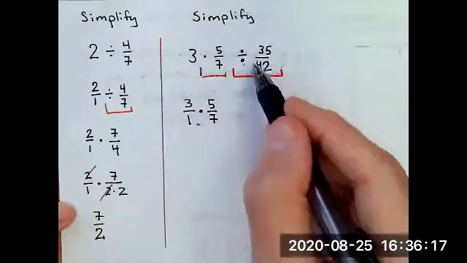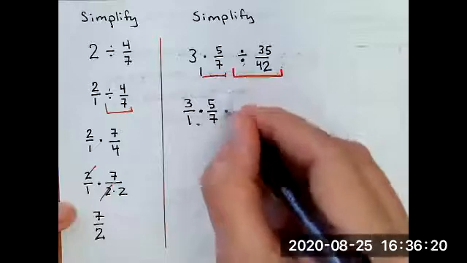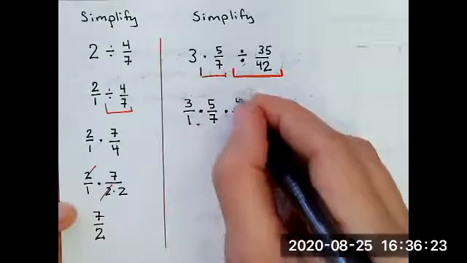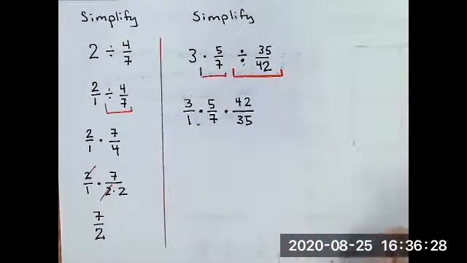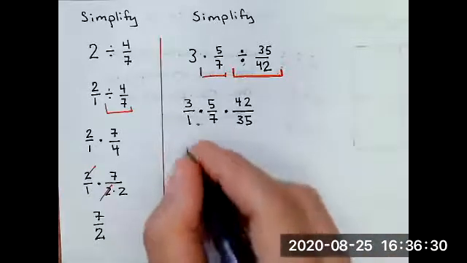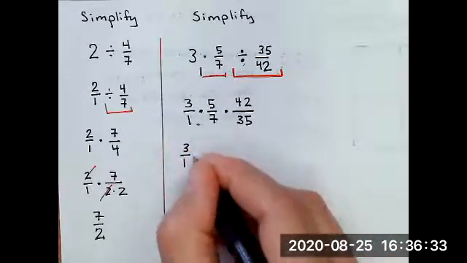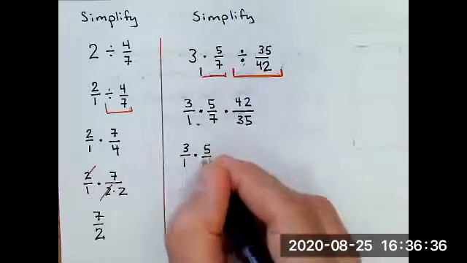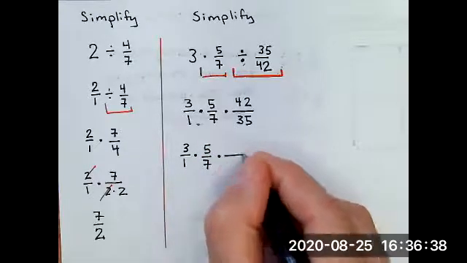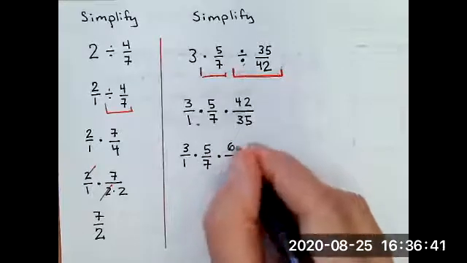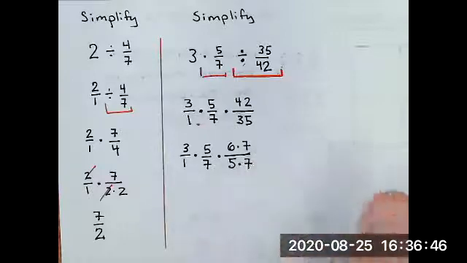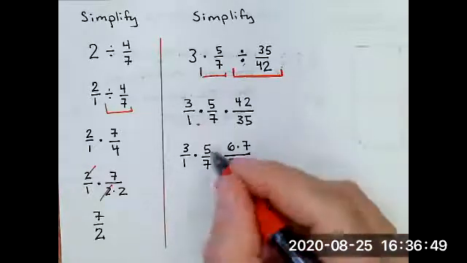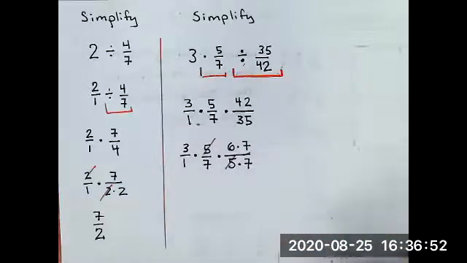And to change this into a multiplication statement, I take the reciprocal. Then you want to reduce before you multiply. 42 is 6 times 7. 35 is 5 times 7. 5 over 5 equals 1. 7 over 7 equals 1.